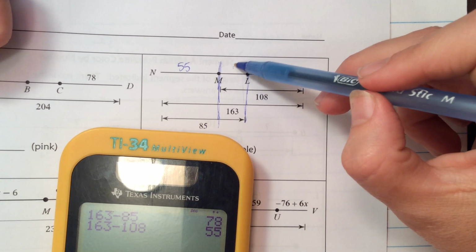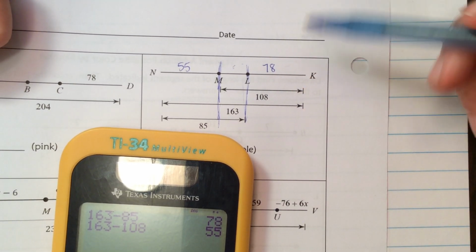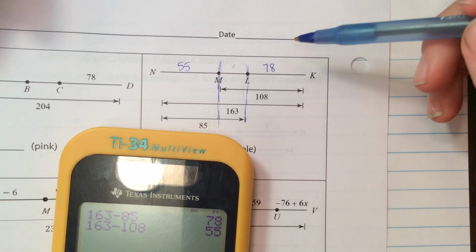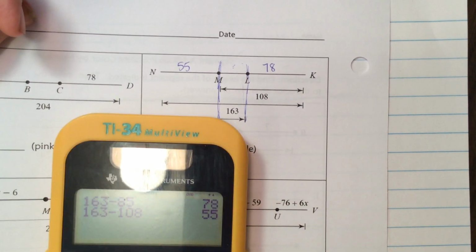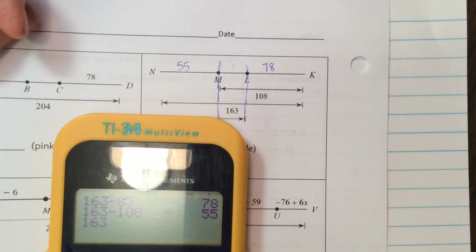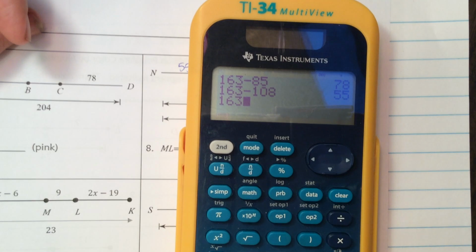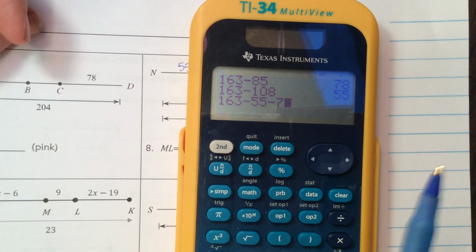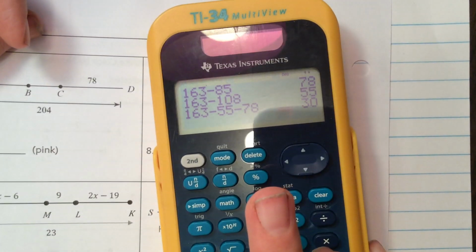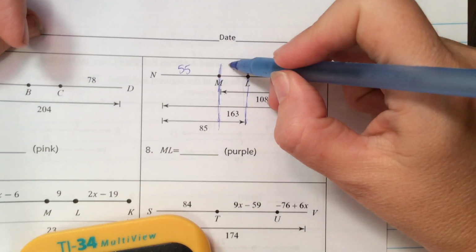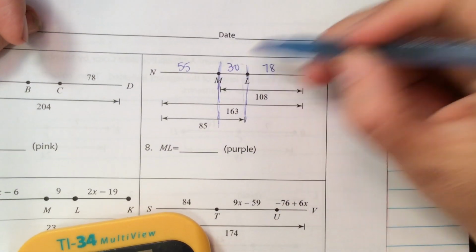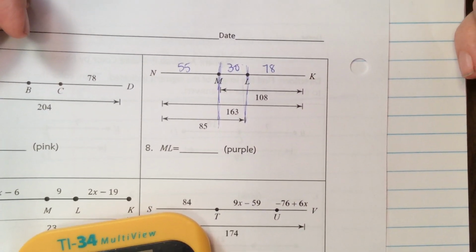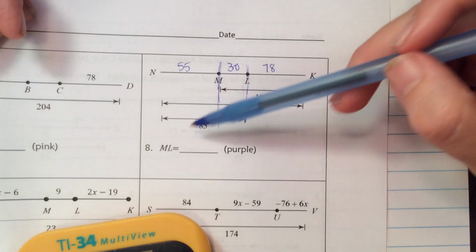So the middle piece has to be 30 for one thing, but I'll still do it. So 163 minus 55 minus 78 is 30. So that little piece is 30. Alright, so I think I have everything.